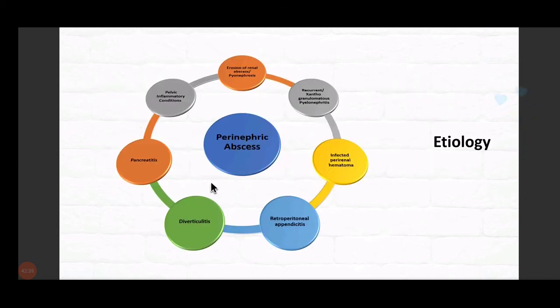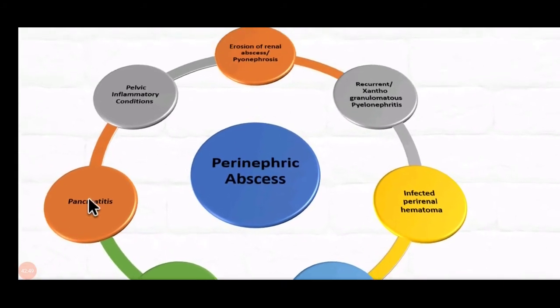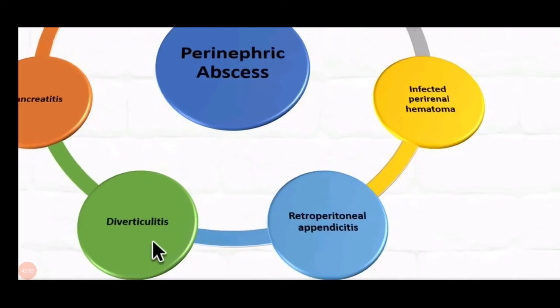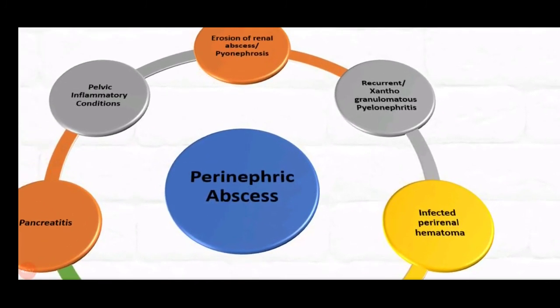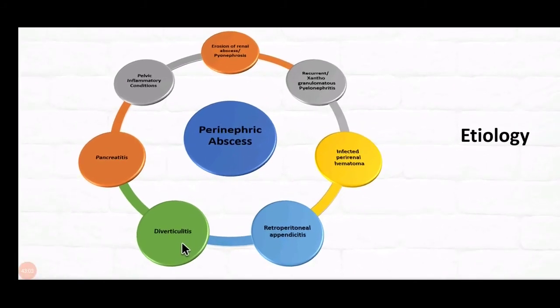One catch in peri-nephric abscess is, yes, in most of the cases the source is the kidney, but any abscess in the vicinity of the kidney may not be exactly because of the kidney. So it can be a sequela of pancreatitis. On the left side, it could be diverticulitis. There can be a small perforation in the colon. There can be infected fecal matter which goes outside, and there can be a collection or abscess formation.